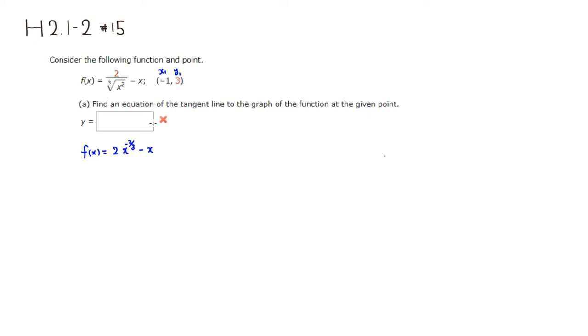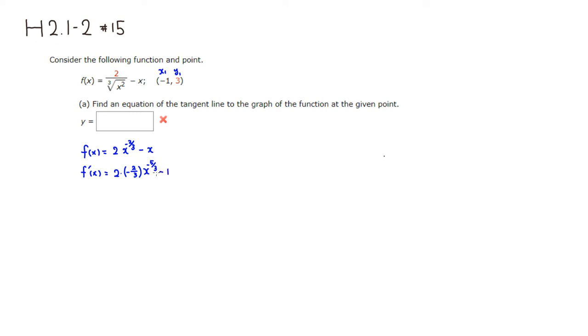Then if you take the derivative, you're going to get f prime of x is equal to, so 2 is a constant multiple, put that there. Put the power in front, so negative 2/3 in front. Then subtract 1 from the power, so it's going to be negative 5/3. And the derivative of negative x is negative 1.